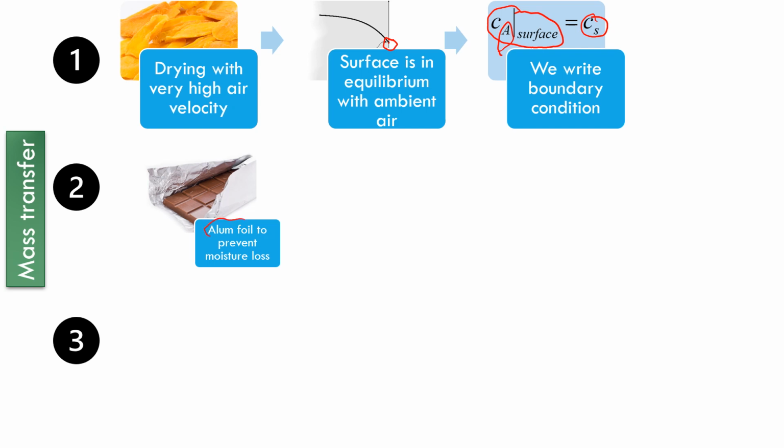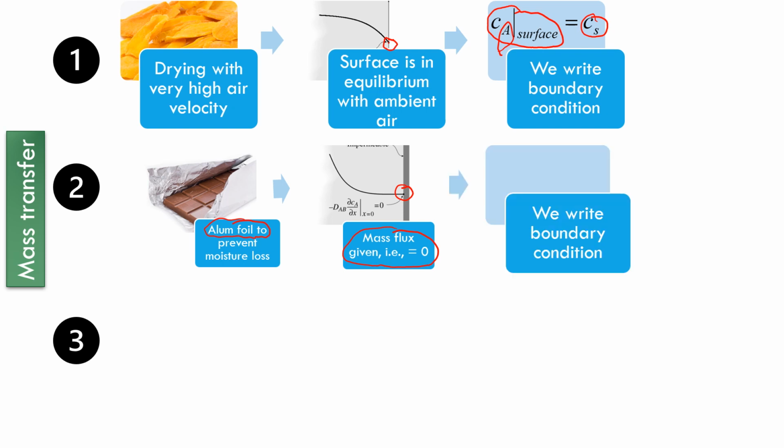If you put aluminum foil over it, then you're making no moisture leave, so the moisture flux is equal to 0. So the mass flux given is equal to 0. So 0 is a special case. It is still flux given, but it's flux equal to 0. And we write the boundary condition as concentration gradient is equal to 0.